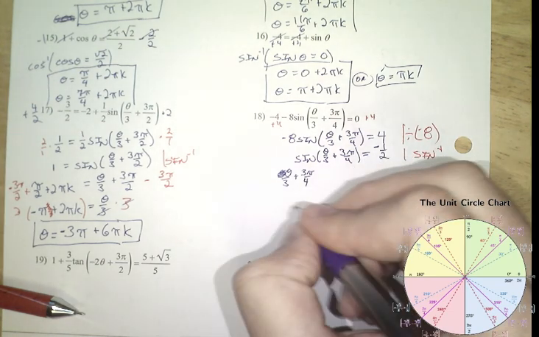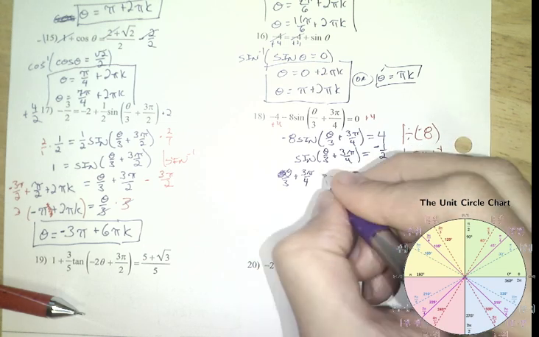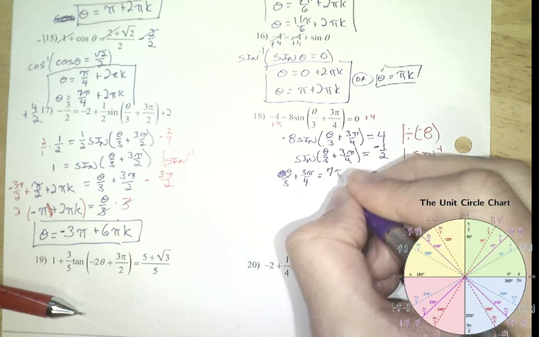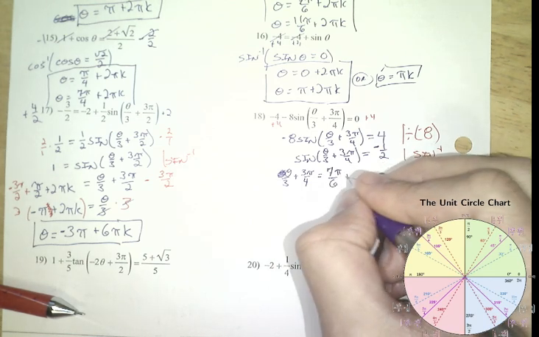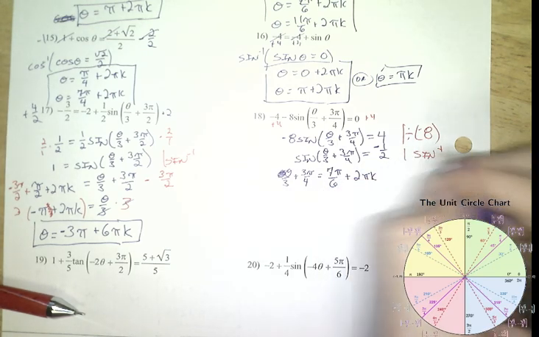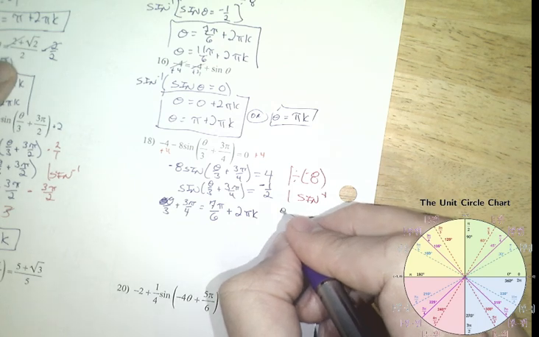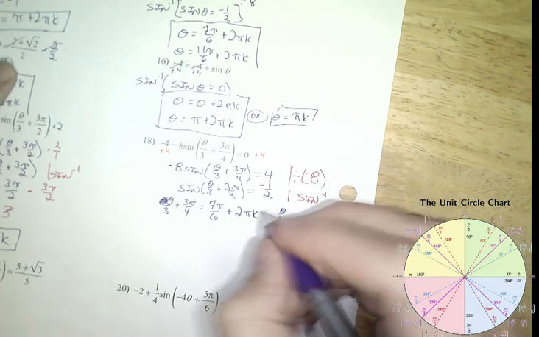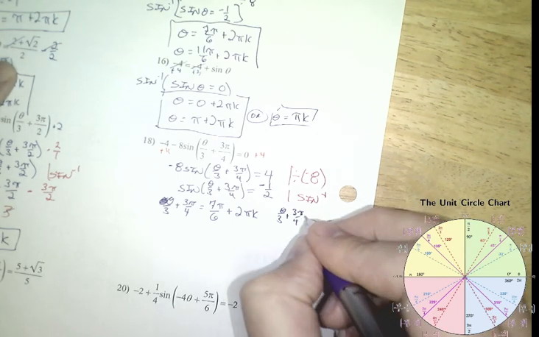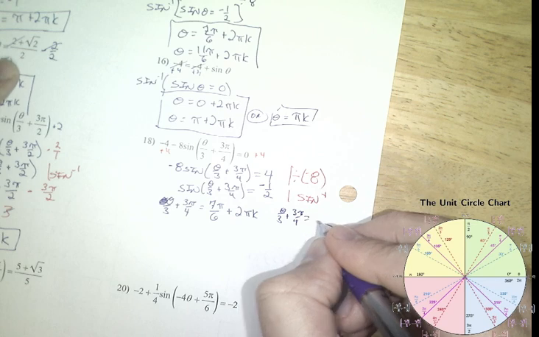Inverse sine of negative 1/2 is going to be 7 pi over 6 plus 2 pi k. That's case 1, and then our other solution is going to be theta over 3 plus 3 pi over 4 is equal to, the other one should be 11 pi over 6.